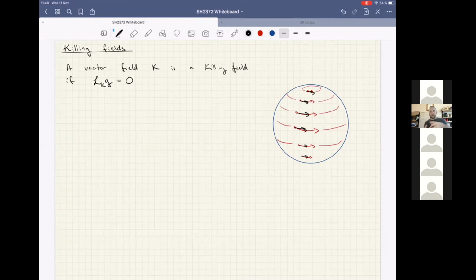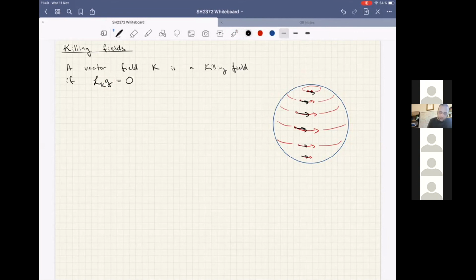It's a symmetry of the sphere, and I don't have time to make a longer argument about it, but if you compute the Lie derivative of the metric for this Killing field that generated this rotation of the sphere, you're going to get 0.